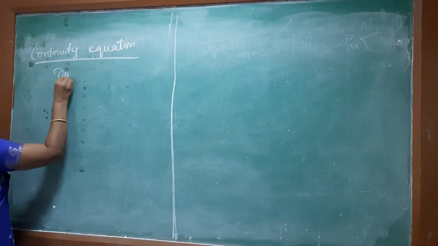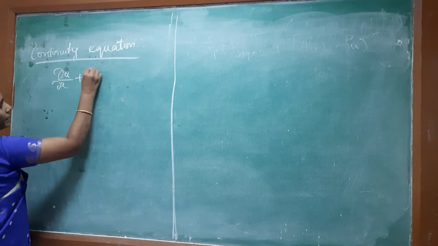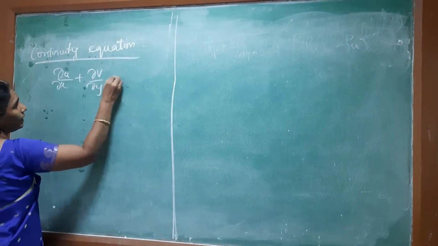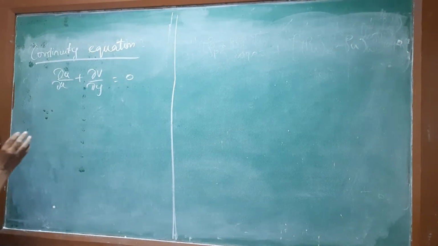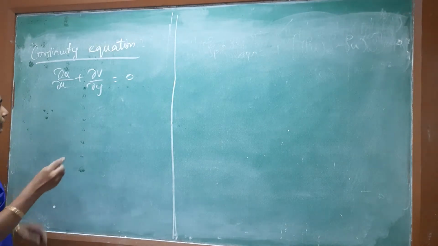That is ∂u/∂x plus ∂v/∂y equals 0. Next we are going to write the x momentum equation.